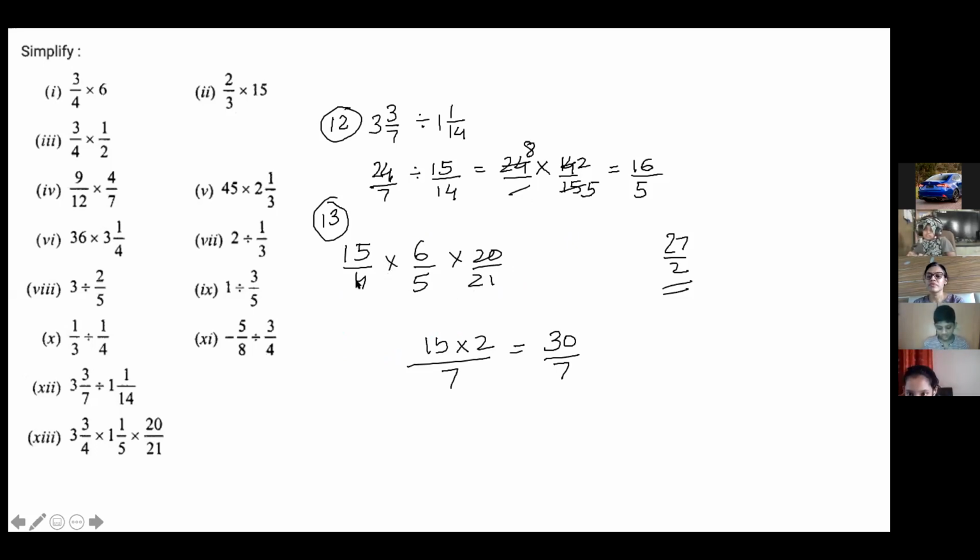Ma'am, I did first 5 ones and 5 fours. Okay, 5 ones are 5 and 5 fours are 20. And then, ma'am, I did 2 twos are 4 and 2 threes are 6. Then I went to the next step.